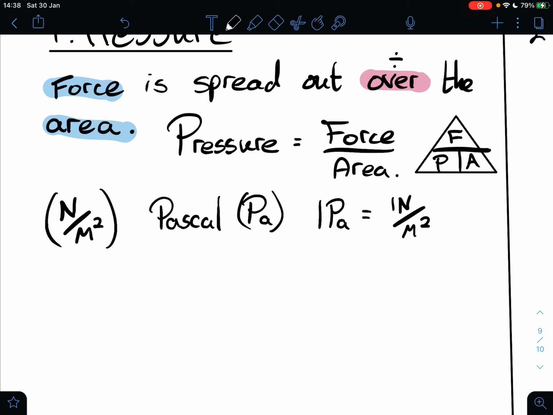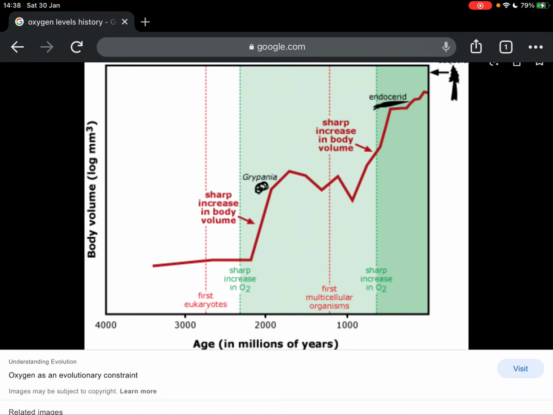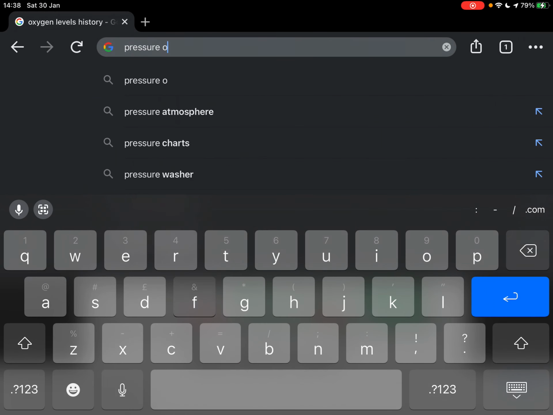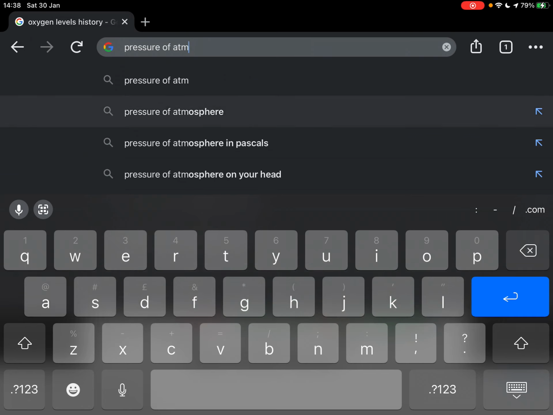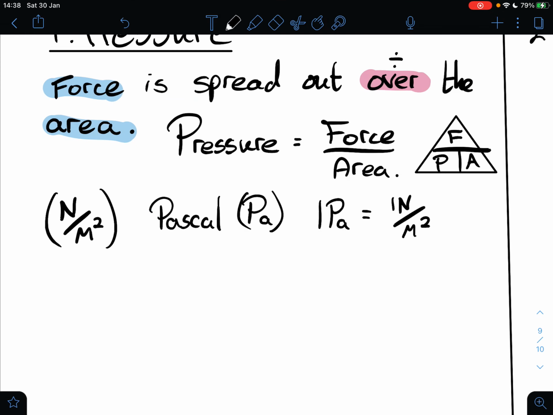And to put that into context, if we were to find out the pressure of the atmosphere of the planet Earth, the atmosphere of the gas you're breathing, which has a pressure, we will see it is 101,325 pascals. So let me write that down, 101,325, put a comma there, Pa.